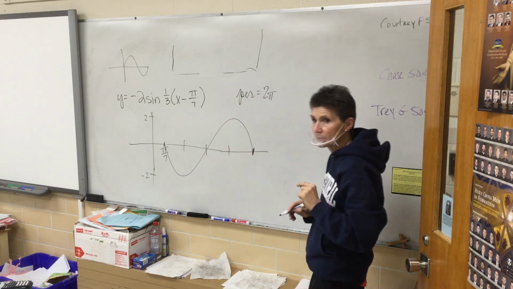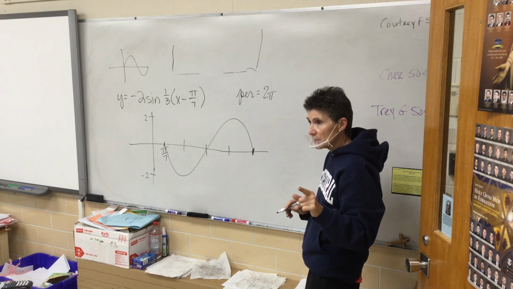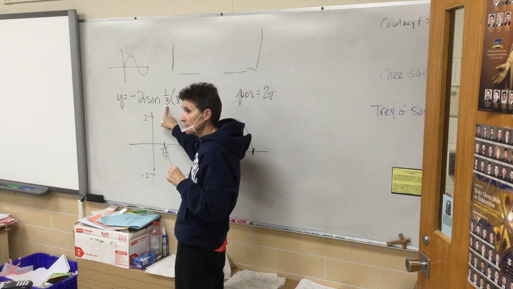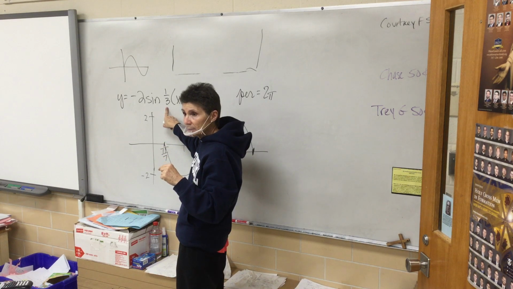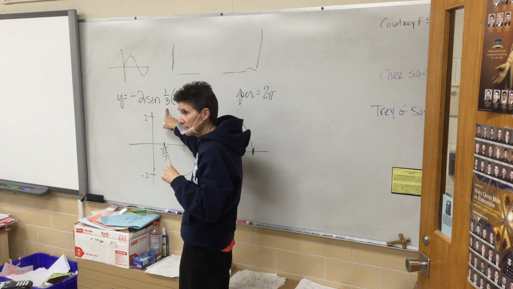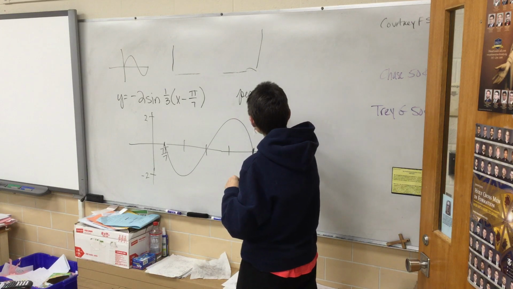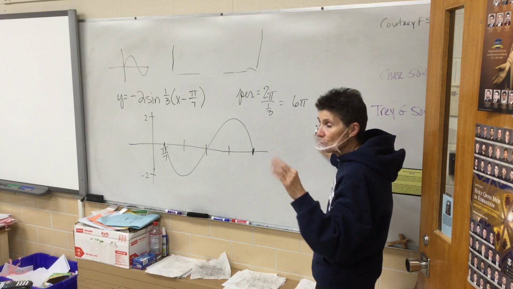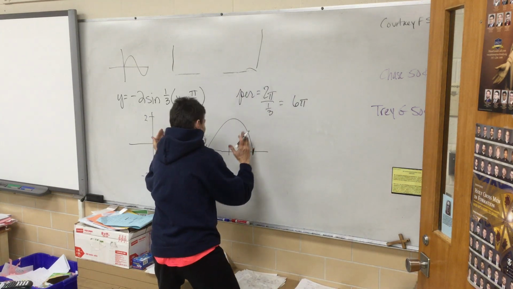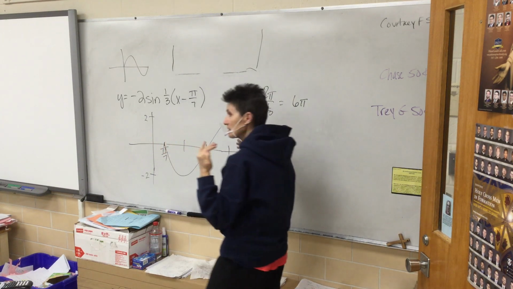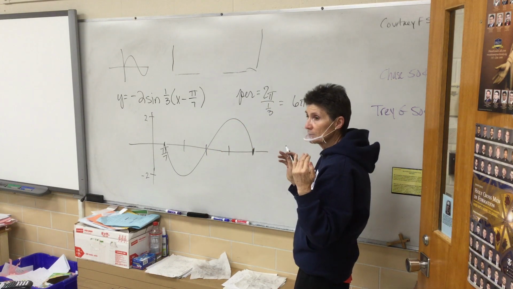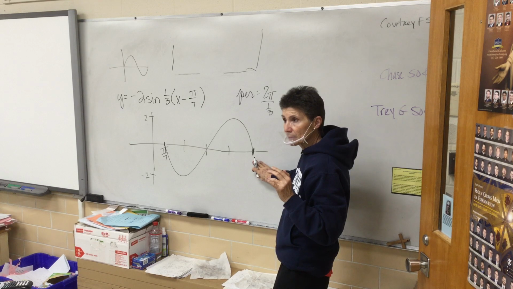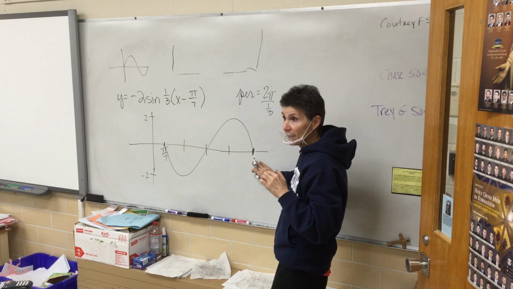Good. 2 pi. But I've changed it because of this number right here, right? And what does that number do? It divides the period. So 2 pi divided by 1/3 is 6 pi, right? So that means that from start to finish is going to be 6 pi. So what does that make this? No, we didn't make that 6 pi.